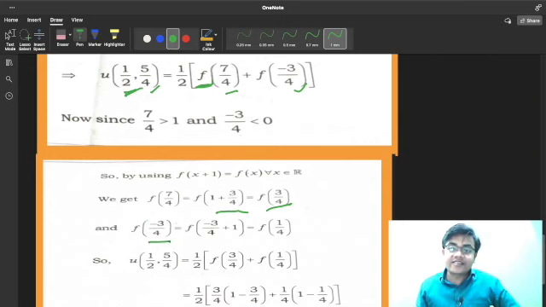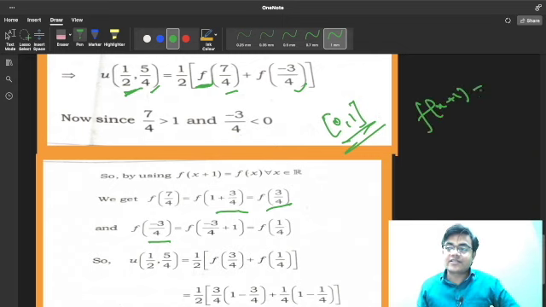Similarly, f of minus 3 by 4 was also out of this domain. But we can write f of x plus 1 is equal to f of x, this periodicity was given to us. So we can write f of minus 3 by 4 as f of 1 plus minus 3 by 4, so it will become f of 1 by 4, which lies in this interval.